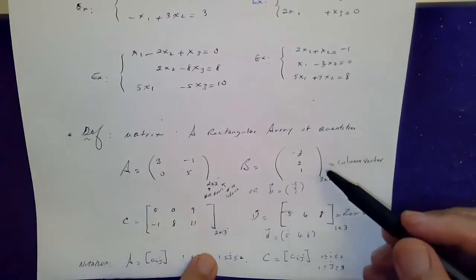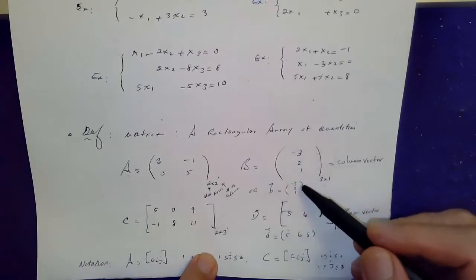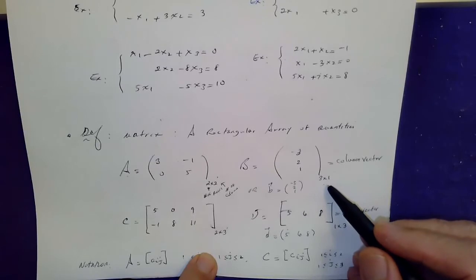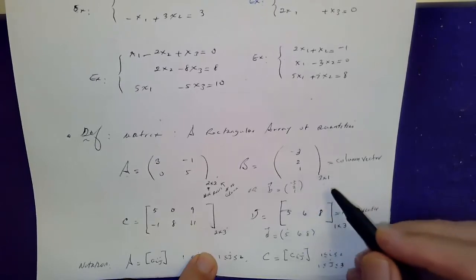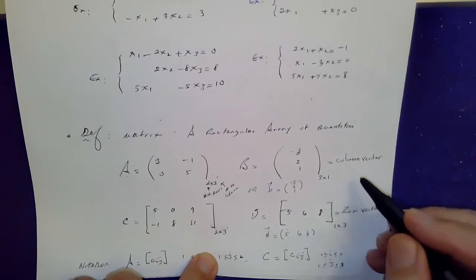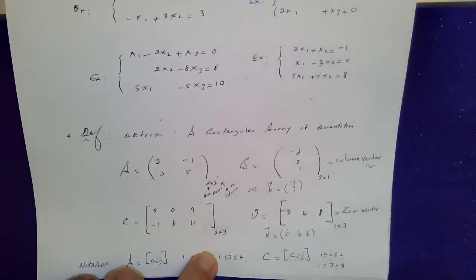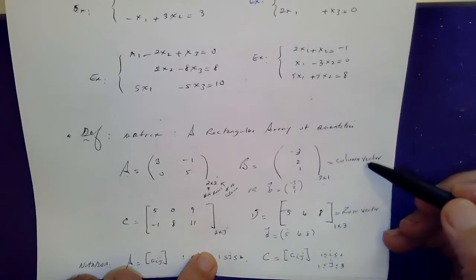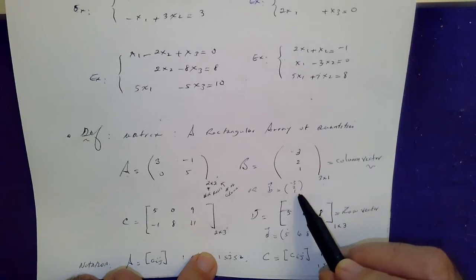However, this one has only 3 rows but 1 column, so the dimension is 3 by 1, and matrices which have either 1 column or 1 row are considered to be vectors. In other words, we call this 3 by 1 vector a column vector, because it corresponds to a point in space.